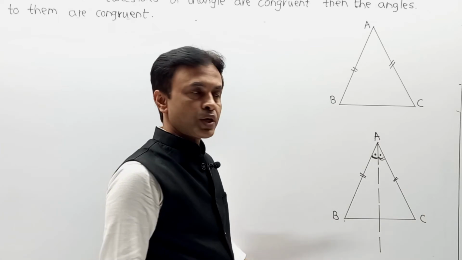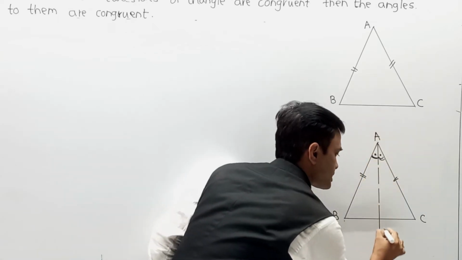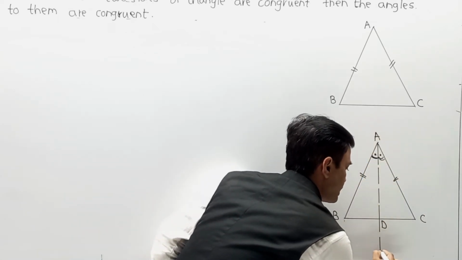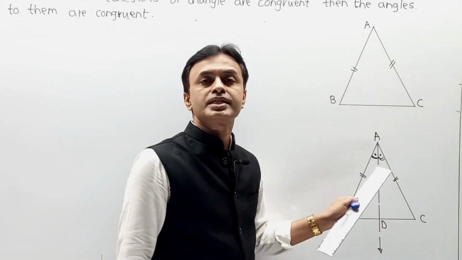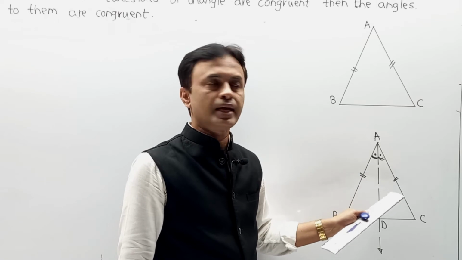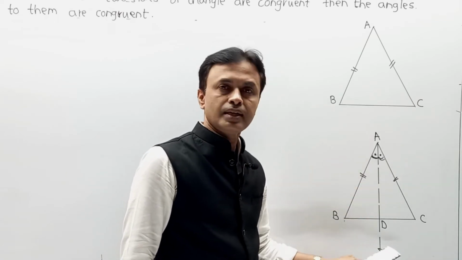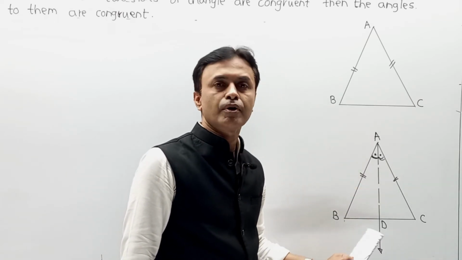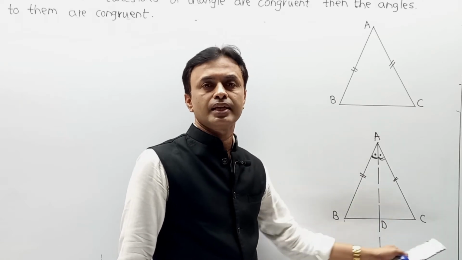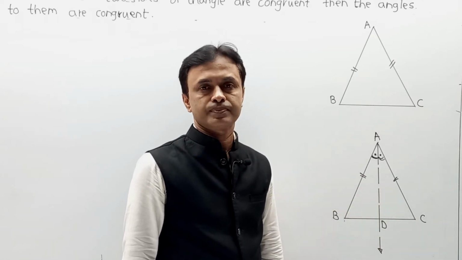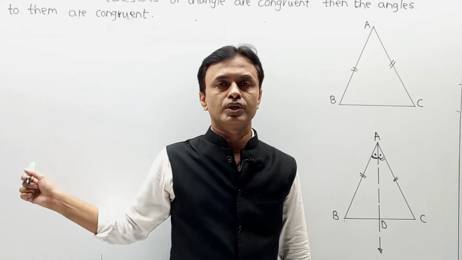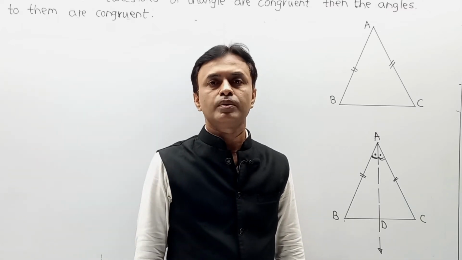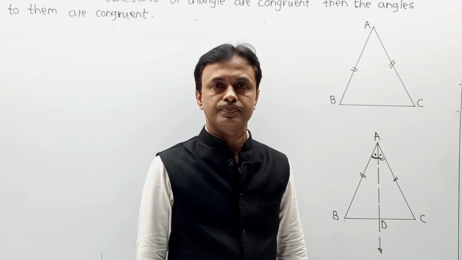And now when we draw this angle bisector, let it intersect at point D. Logically you can say draw a ray which acts as an angle bisector of angle A, and it passes in the form of AD, where D is the point of contact between this line and base BC. Now we are going to write all the parts in the form of given, to prove and construction, and definitely we are going to start the proof over here.